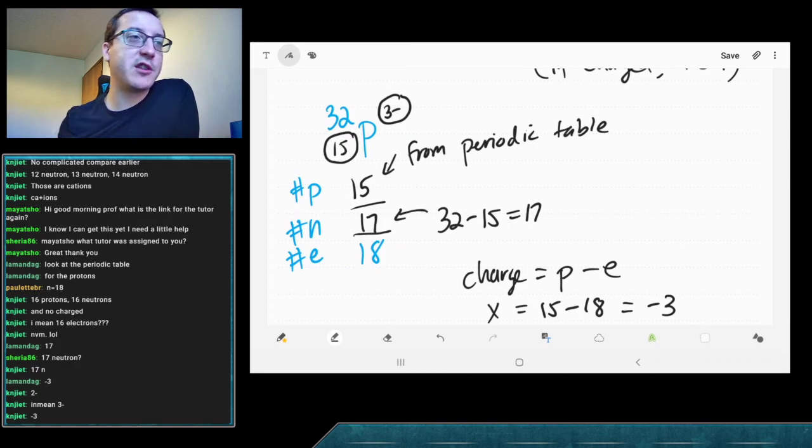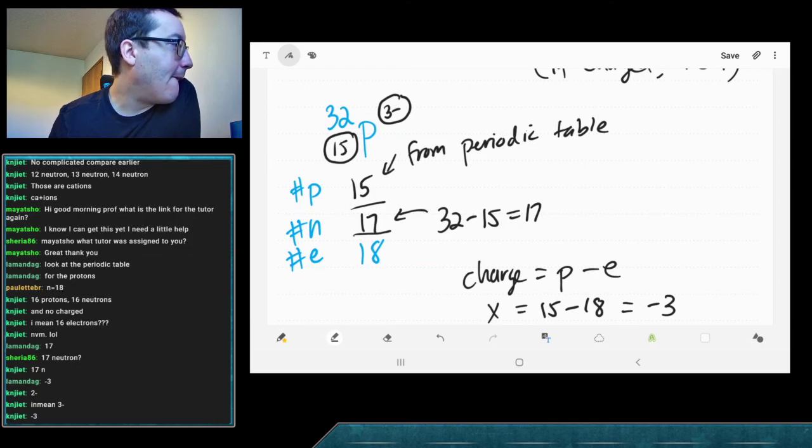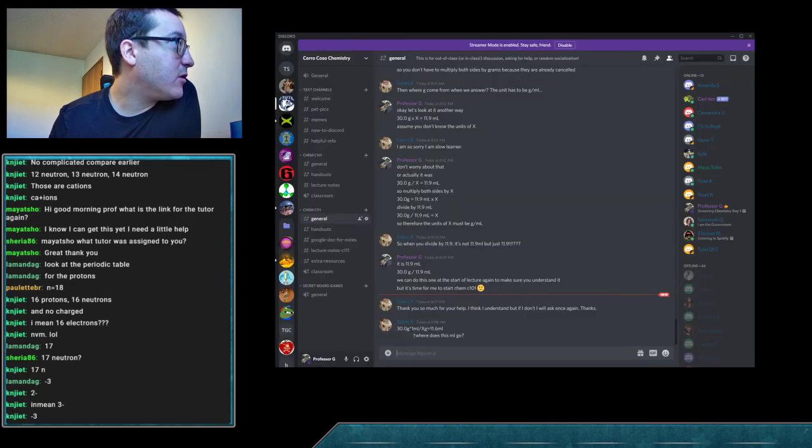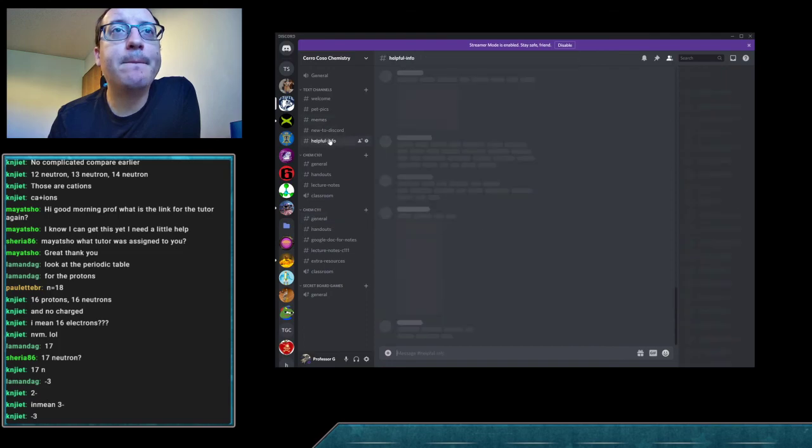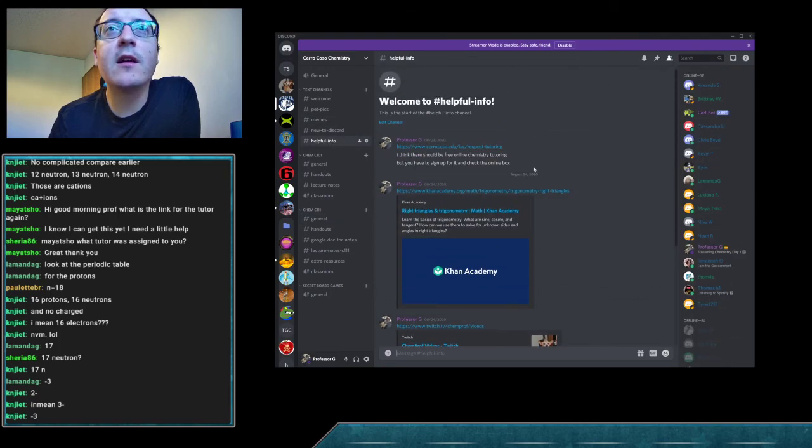I want to show you guys the tutoring thing before I head off for the day. So let me swap this over to Discord real quick. I believe that's window 2. Is it window 2? Yes, it is. Okay, so if you go to the helpful info thing up on the very top here, there's a link where you can click to request a tutor.